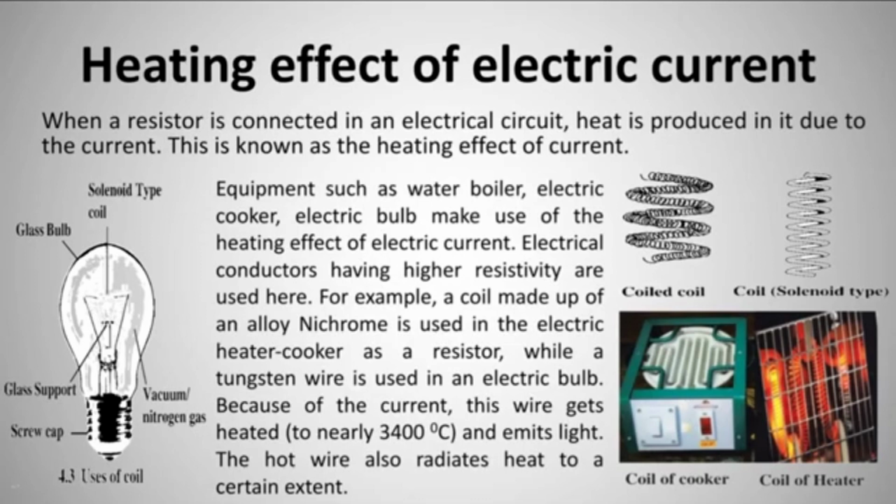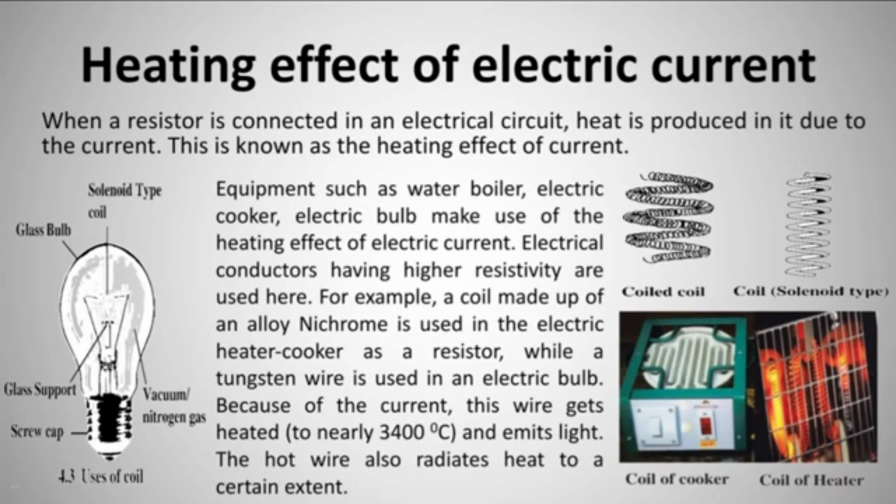For example, a coil made up of the alloy nichrome is used in an electric heater or cooker as a resistor, as the resistivity of nichrome is much higher.